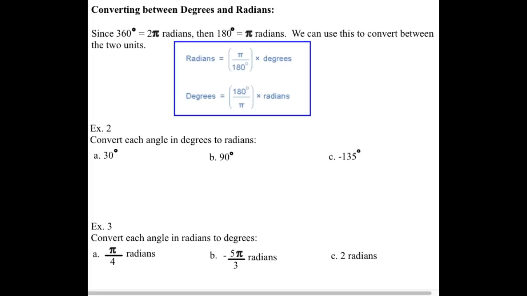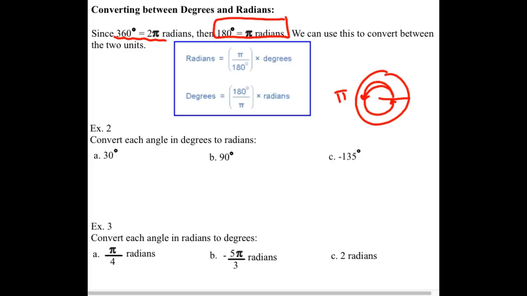Well, the same thing works for degrees and radians. We said 360 degrees was the same as 2 pi radians. That means that 180 would be equal to 1 pi. Does that make sense? If my whole circle, going from here all the way around, is 2 pi, then going halfway would be 1 pi. Yes?